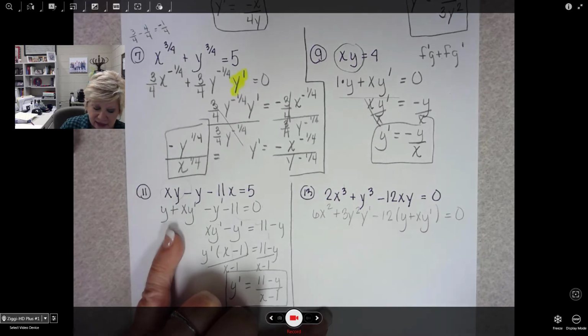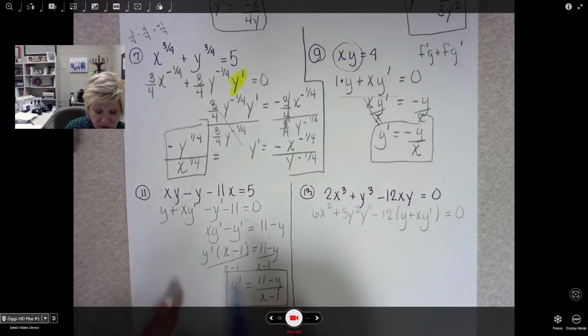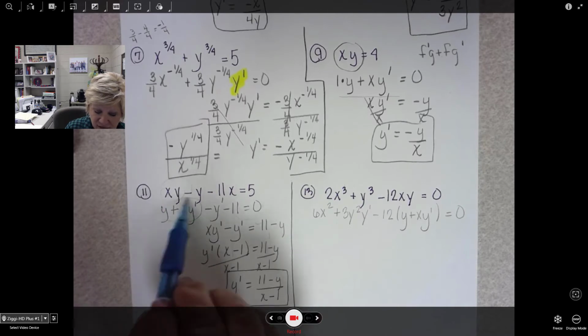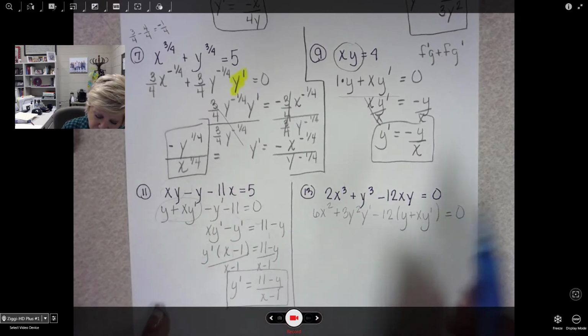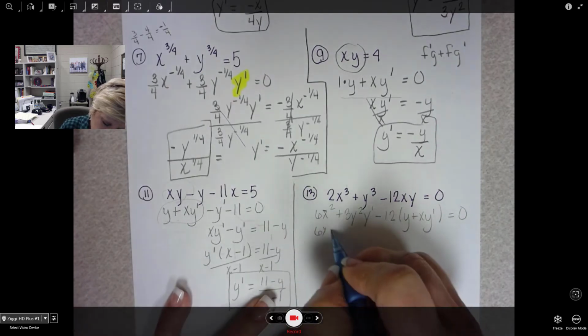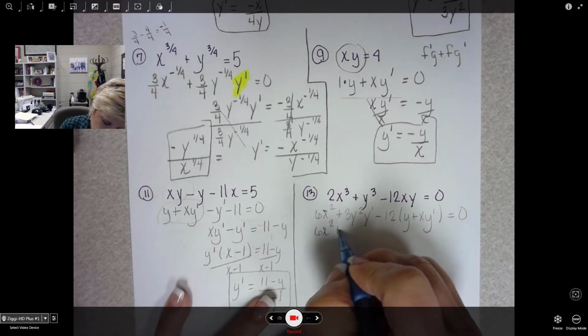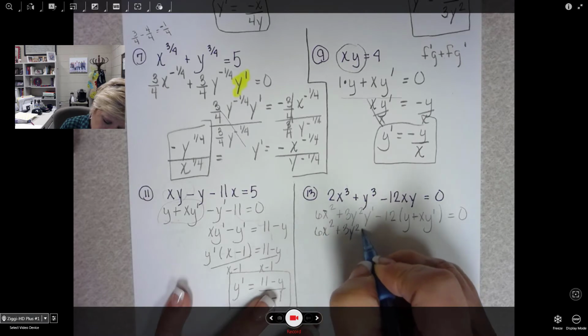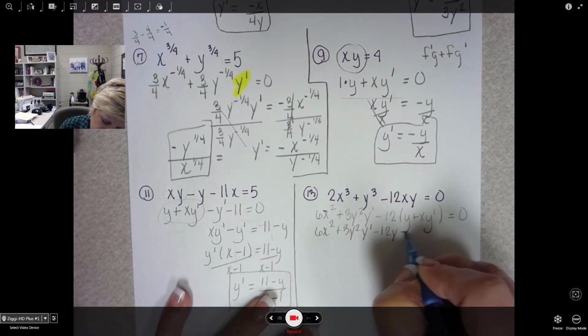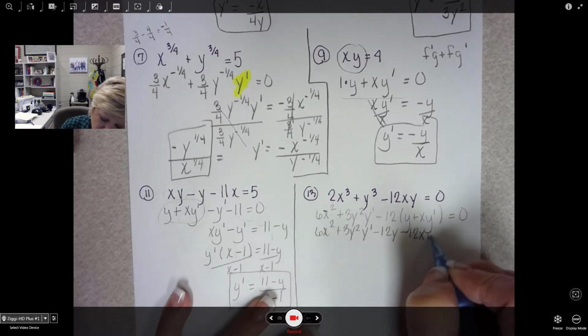Makes it a little bit easier because remember, x times y, this derivative is all of this, so I just stuck a 12 in front of it. 6x squared plus 3y squared y prime minus 12y minus 12x y prime.